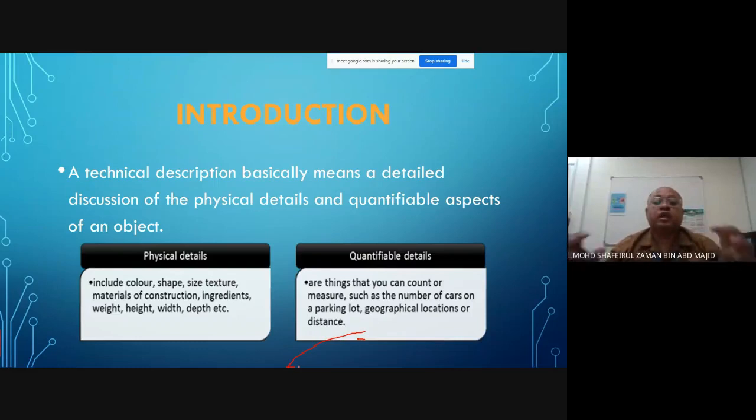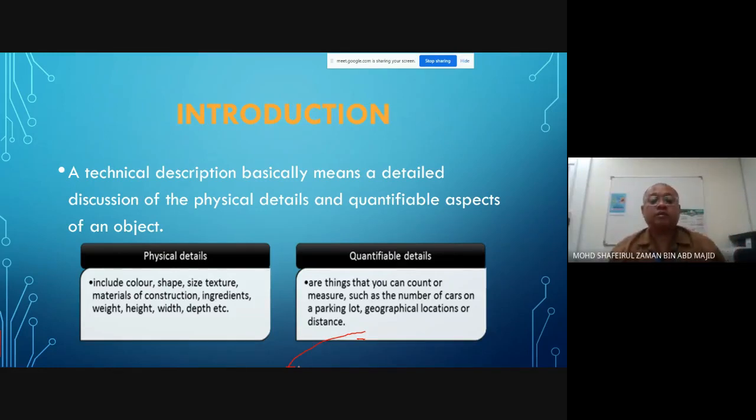So technical description involves two important aspects. One is physical details. You are going to describe the product in detail, from the outer part to the inner part, what it is made from, what the features are, and the size, dimension, and such.